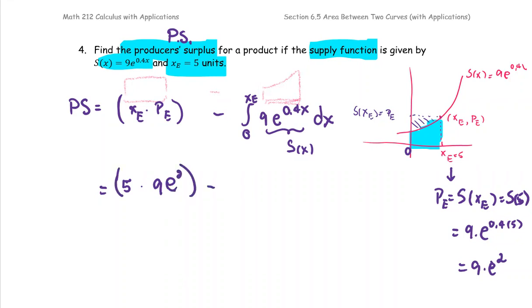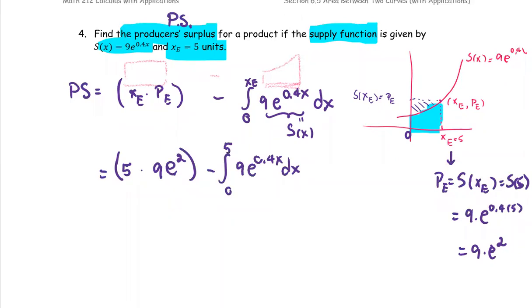first, and then subtract the integral from 0 to the xe, which is 5, of the integrand 9e to the 0.4x with respect to x. That's the setup. Next, we clean up the terms and find the antiderivative.